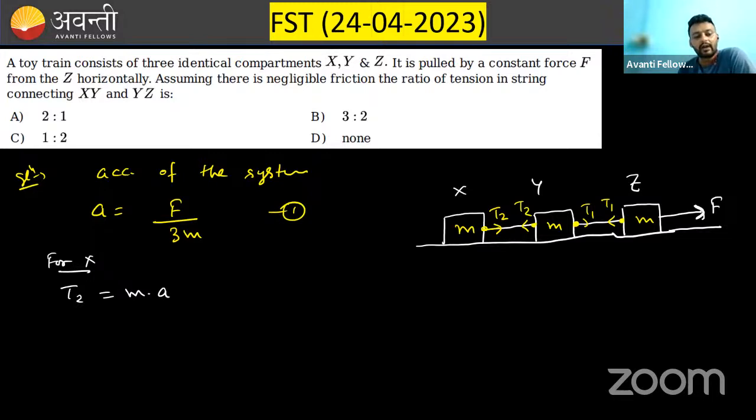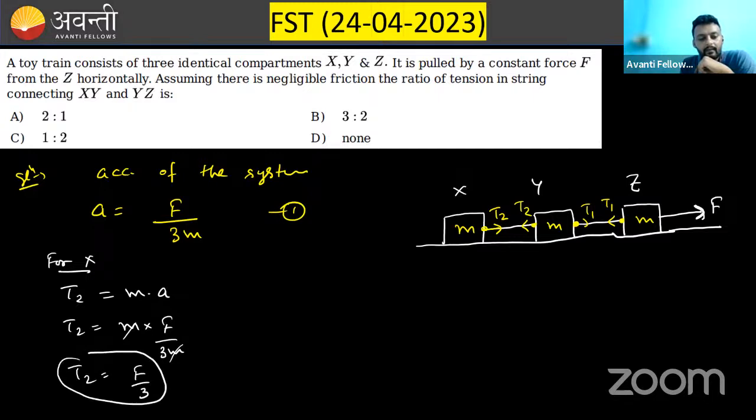Are you getting my point? How to write these equations? T2 is equal to mass into acceleration. So T2 will be, mass is m, acceleration is F by 3m, because each of the blocks is moving with the same acceleration. That is cancelled. So T2 is equal to F by 3. Very good. This is for compartment X.